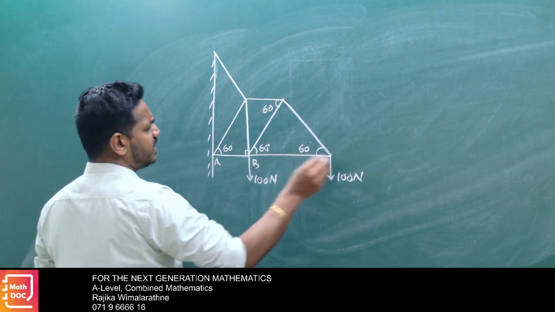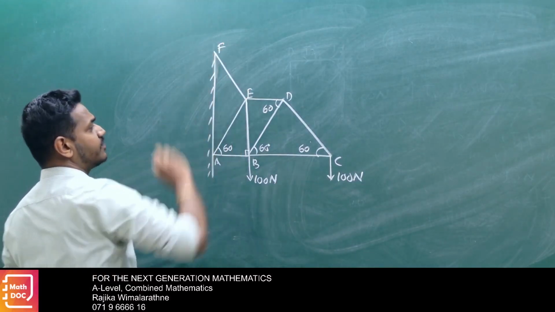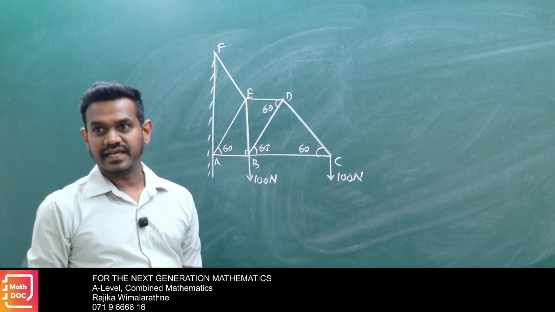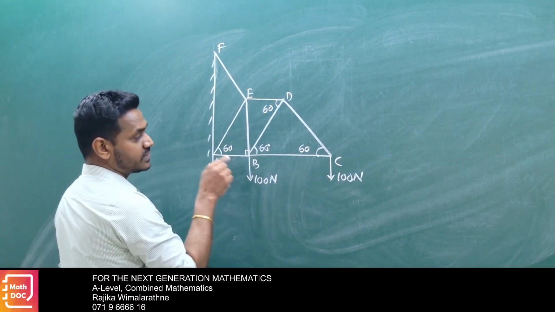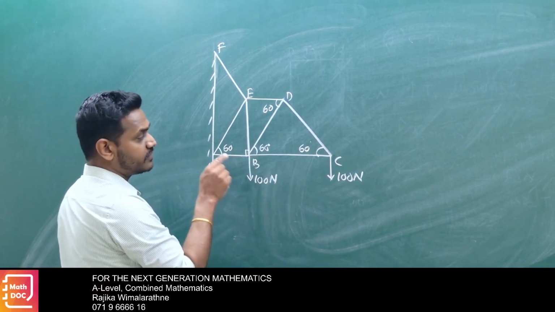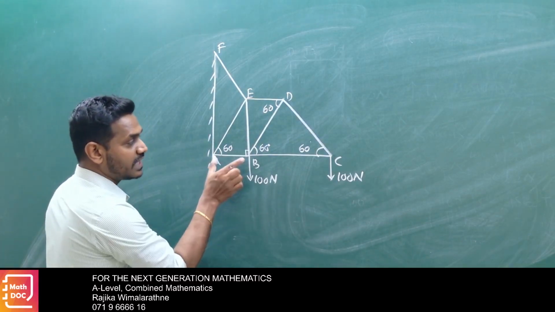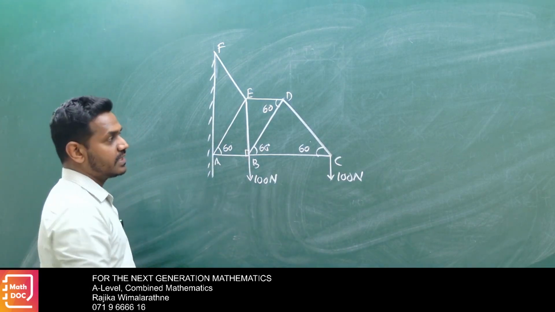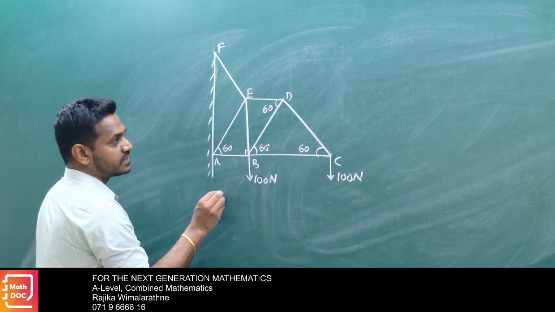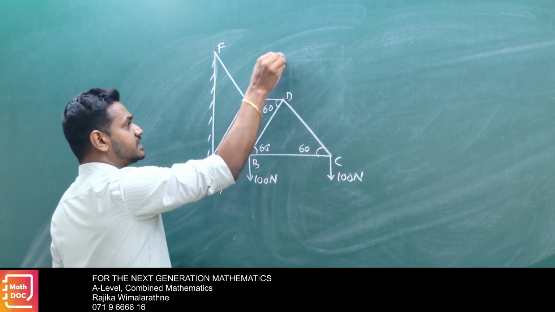A, B, C, D, E, F. Okay, now let's say we need to find the stress in this rod. If you need to find stress in this rod, we do it this way. We have to select this one. No? Then you consider 3 rods. So select 3 rods. I'm going to mark here a line to cross these 3 rods with this one.